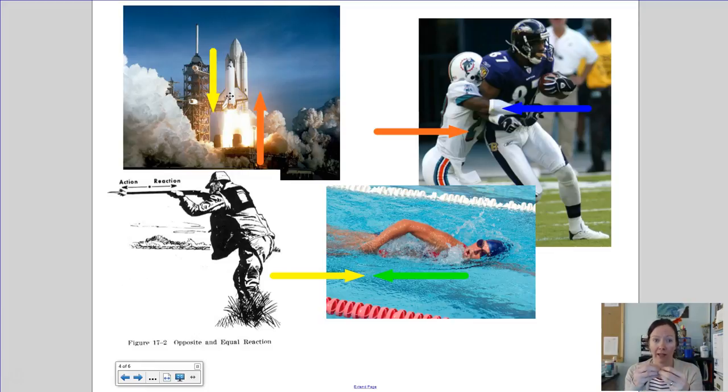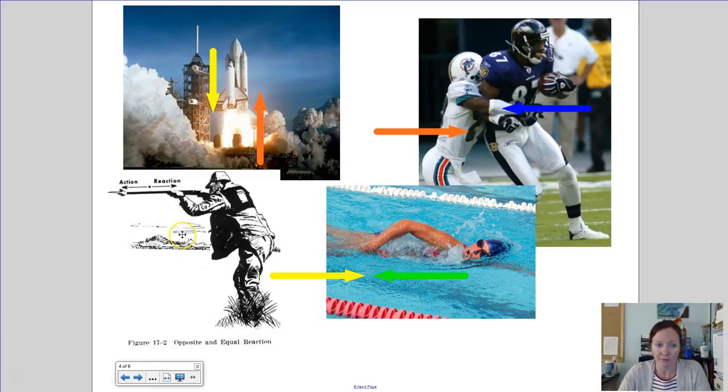So when they light the engines, those gases are rapidly expanding, right, and pushing on that chamber inside the rocket. It pushes the rocket in one direction, and then the reaction force is for the gases to move in the opposite direction. And they create an opening so that those gases have somewhere to escape, otherwise they would blow up the rocket. The exact same thing is happening in a gun.